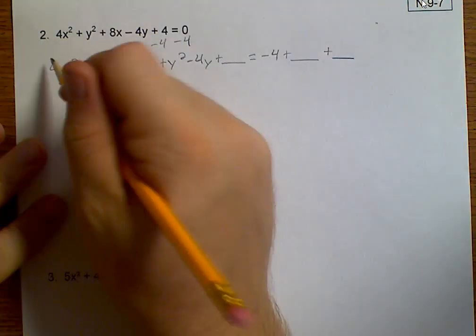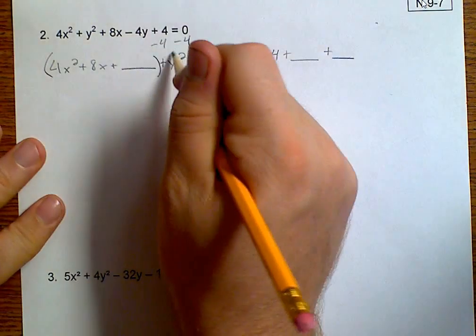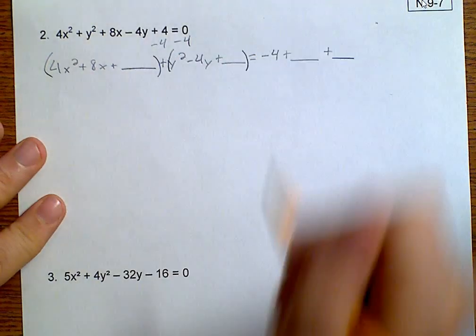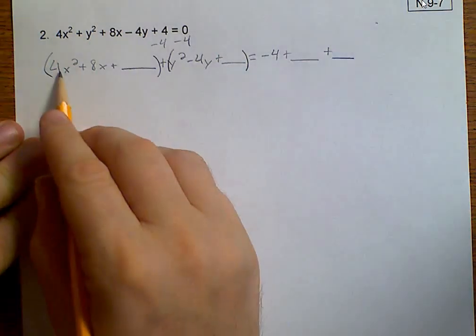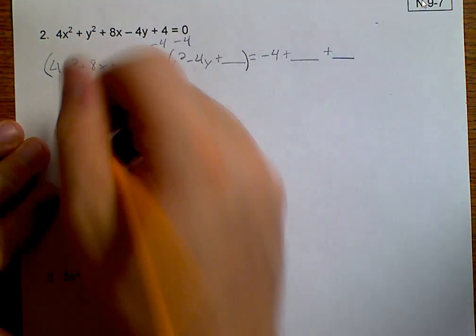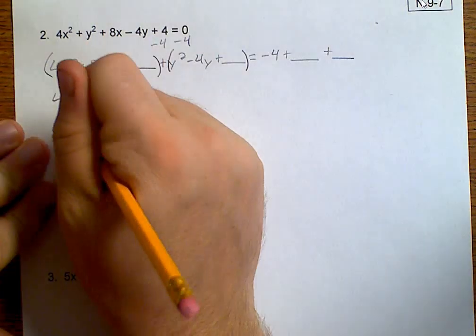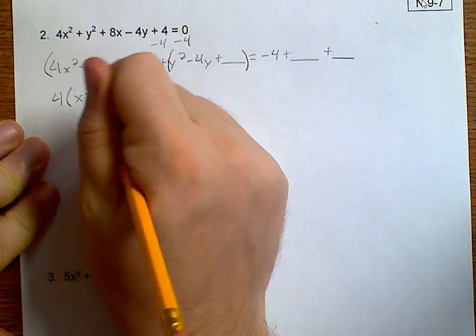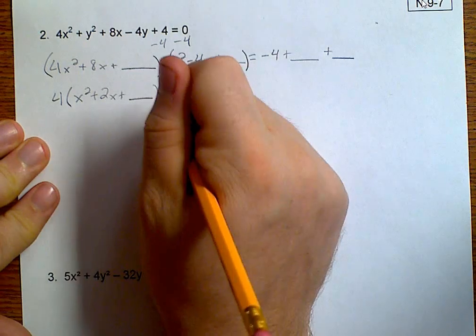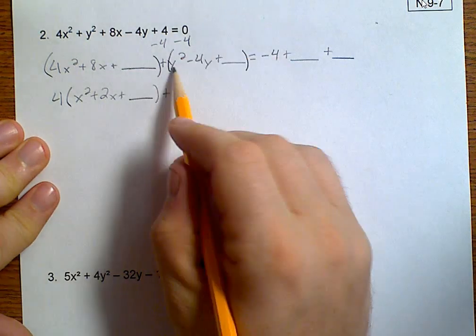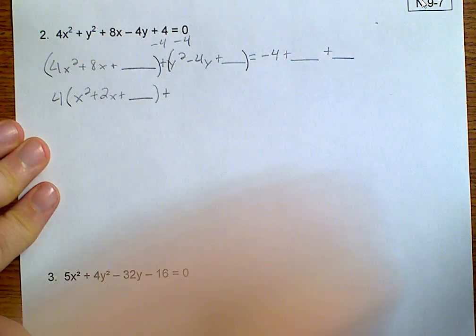Again, we're going to group our x's together. We're going to group our y's together. I do not want coefficients, so I'm going to divide everything by 4. So 4 is on the outside. We get x squared plus 2x plus our complete the square number. Plus, here I have nothing to do to complete the square.